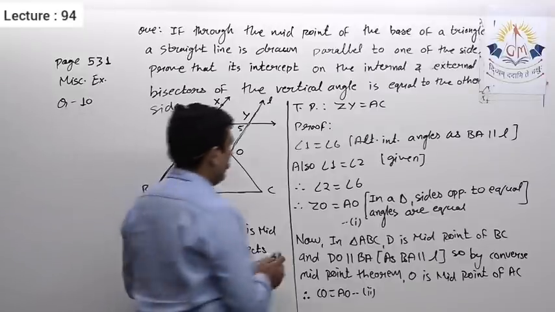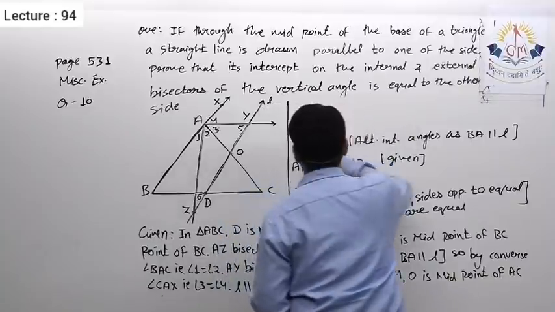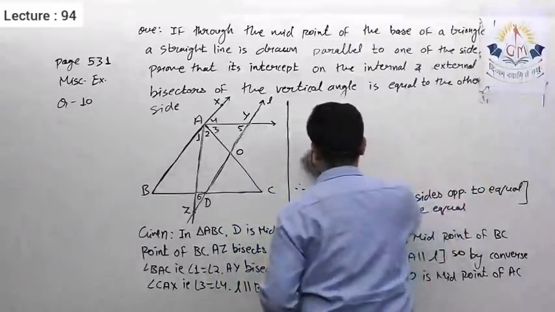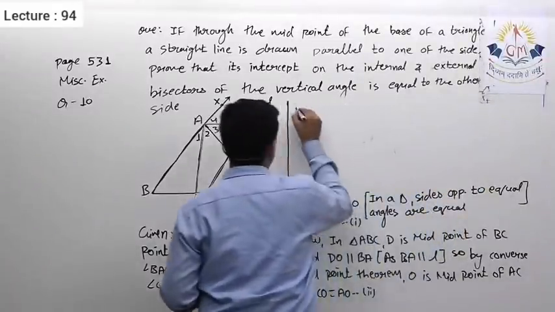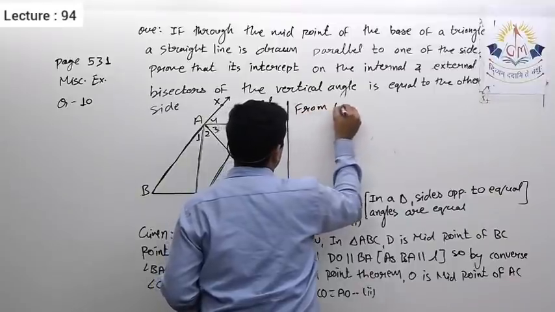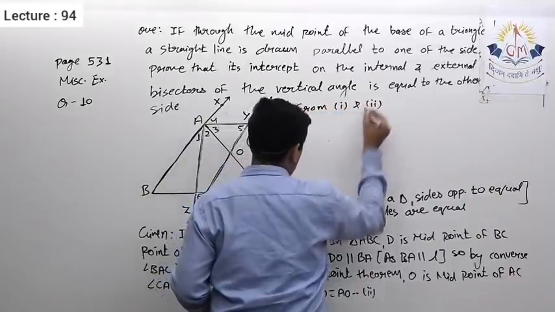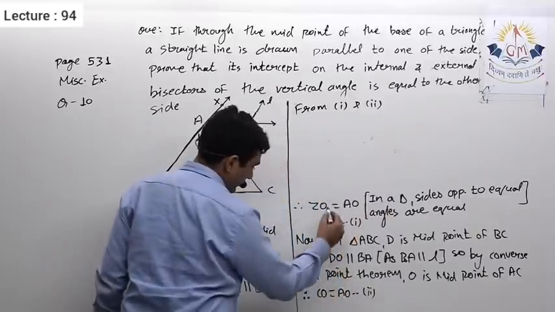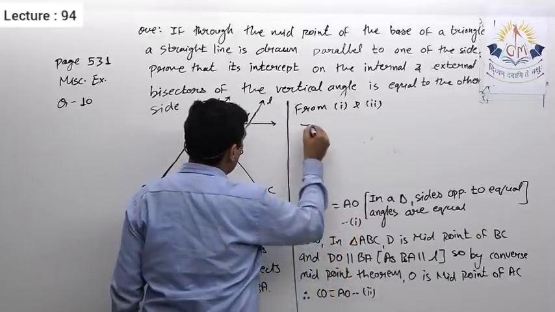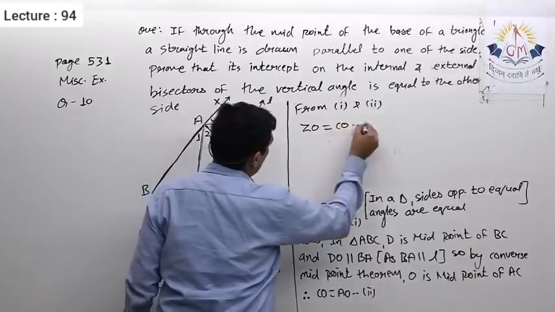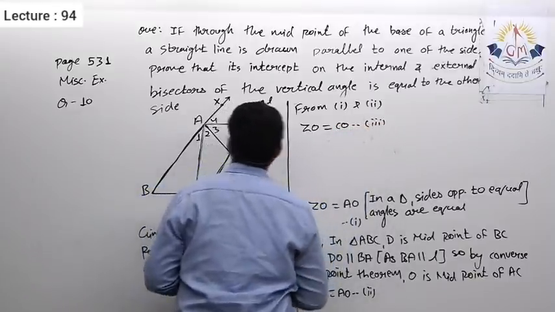Okay, so from first and second, I can say ZO is equal to CO. Let it be third.